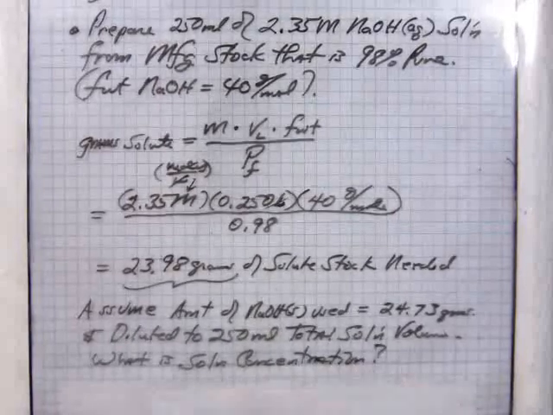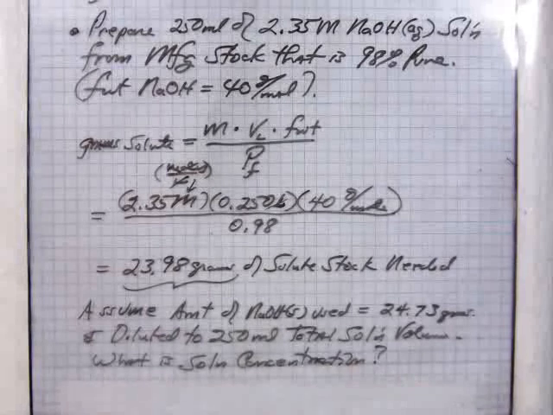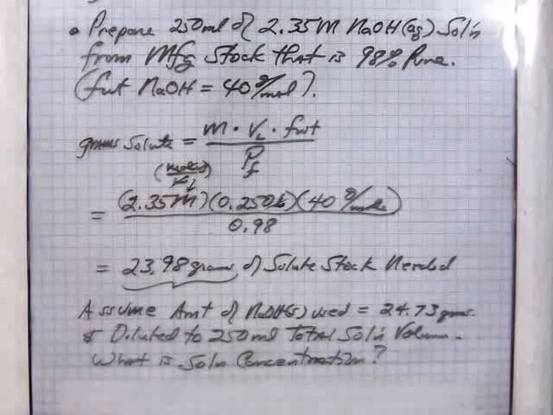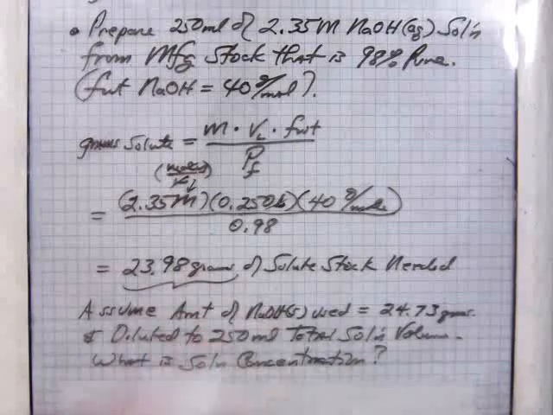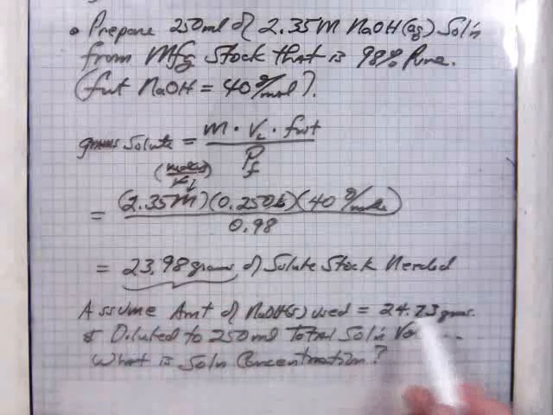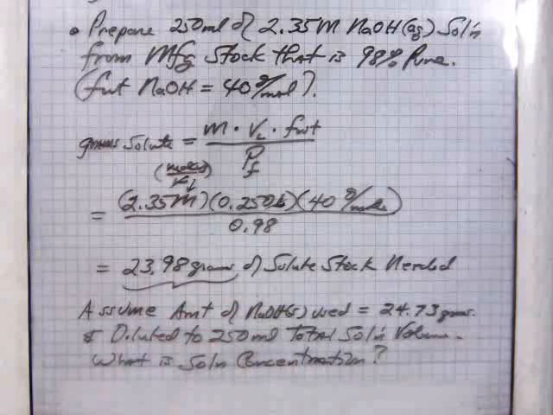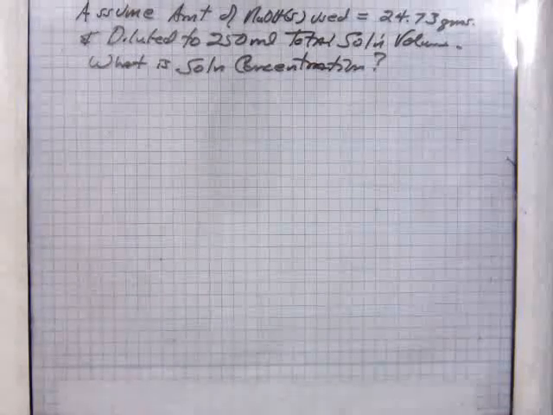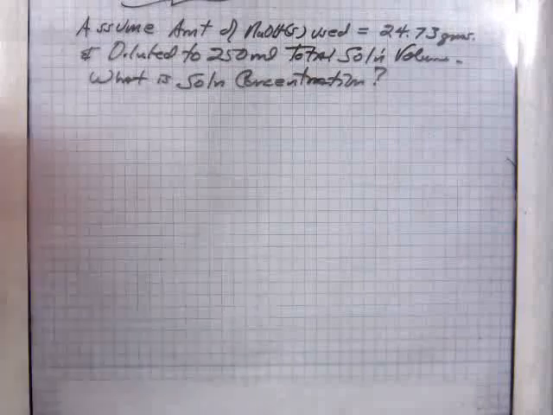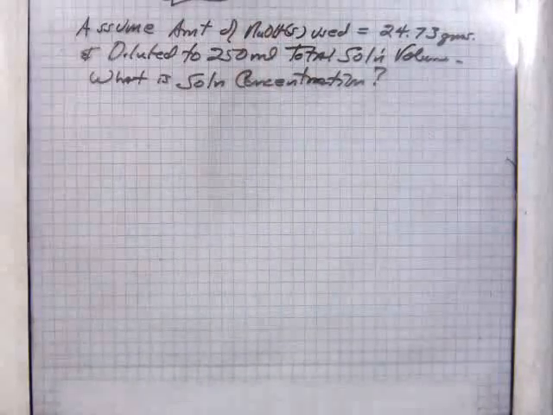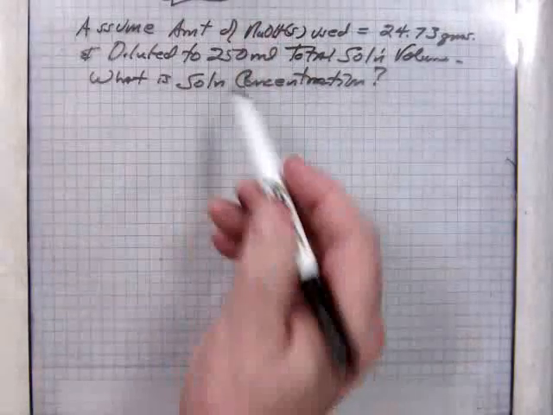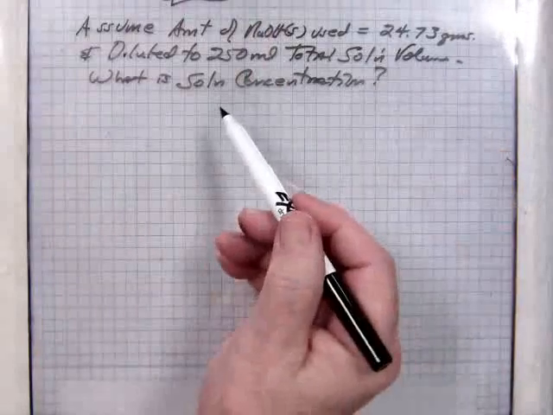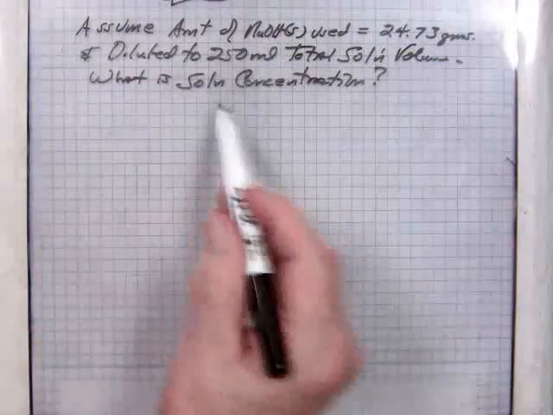So we're looking for the solution concentration. We know we should be around the 23.98 to be perfect, but let's say we got sloppy and we added 24.73. So what this tells us to do is convert to the concentration.